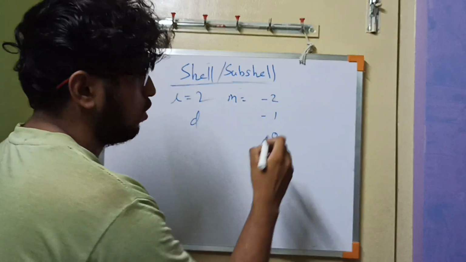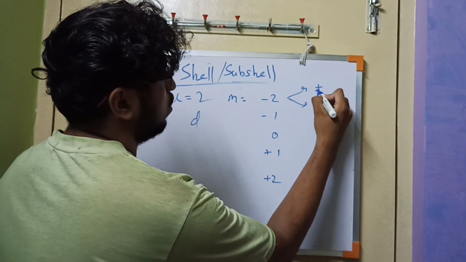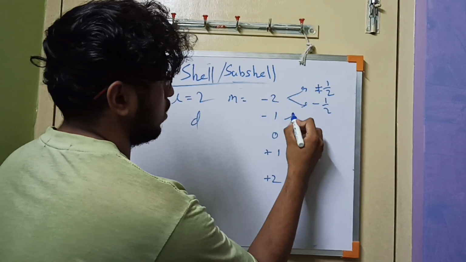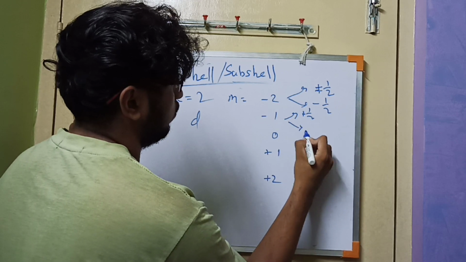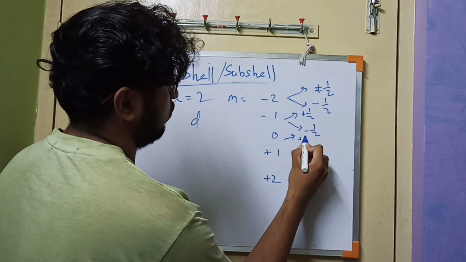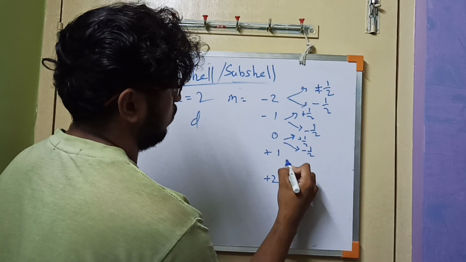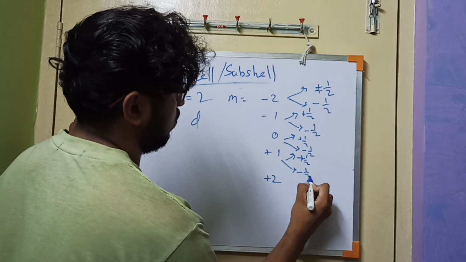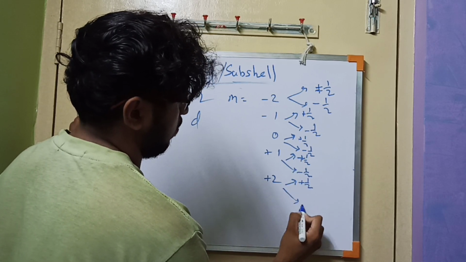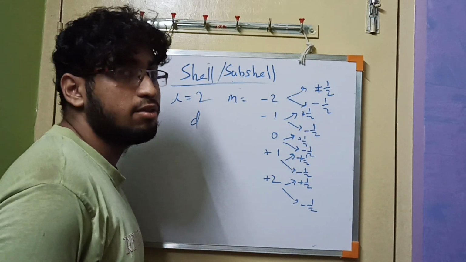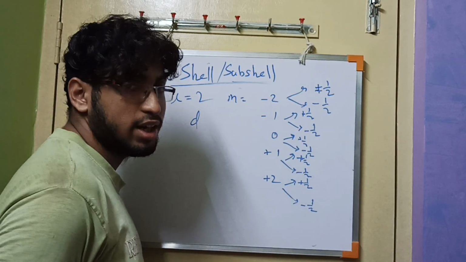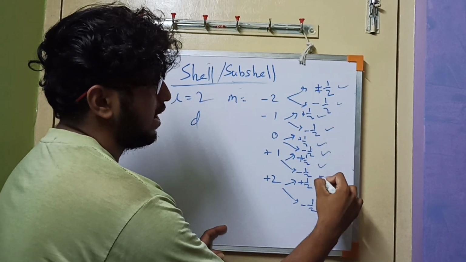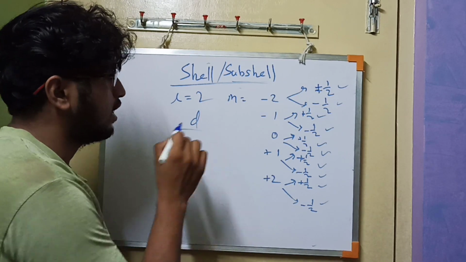And for each value, there will be two spin quantum numbers. So each spin quantum number can designate one electron. So we can count that a total of 10 electrons are present in d orbital.